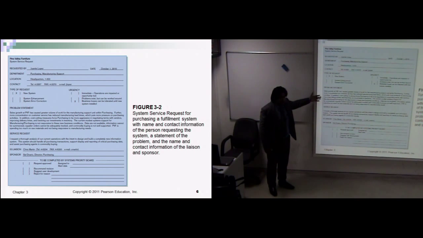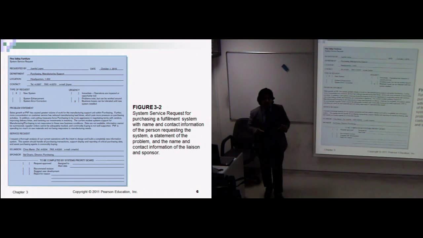Then there was a portion in this form where they need to describe their problem. I hope that some of you might have taken some time since the last lecture and gone through the slides on what the actual problem is. If somebody of you hasn't taken the time or hasn't read the slides yet, I again strongly advise that you go back and read the slides.